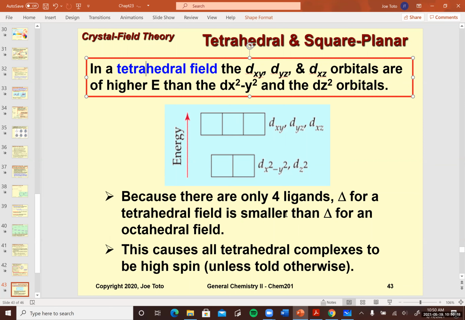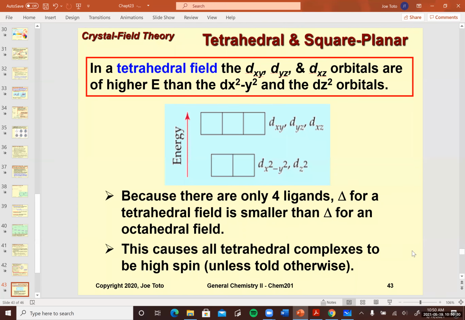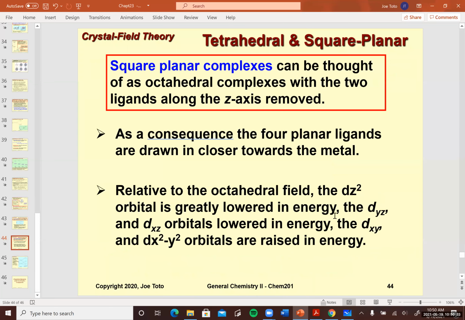Also down here it says, I think most tetrahedral are high spin because deltas tend to be small for those complexes. And then the last is the square planar. You can think of the square planar as the octahedral field with the Z ligands popped off. So consequently, any orbitals with Z nature in it go down in energy because there's no repulsion.